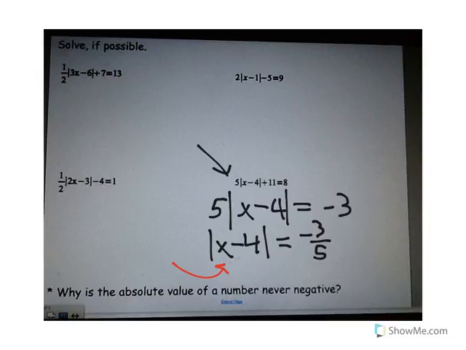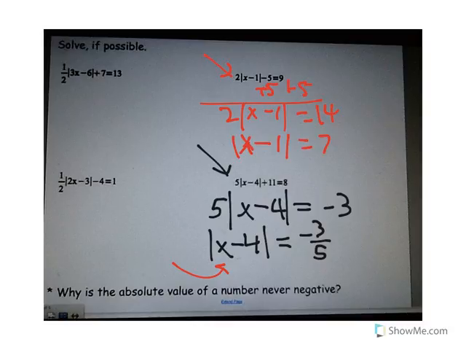Let's try one more up here. So my first step is going to be to add 5 to both sides. I end up with 2 absolute value of x minus 1 is equal to 14. Then I'm going to divide both sides by 2 and end up with absolute value of x minus 1 is equal to 7.